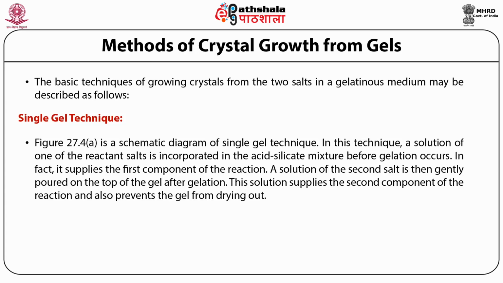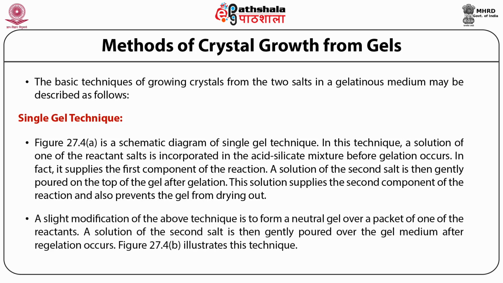In this technique, a solution of one of the reactant salts is incorporated in the acid silicate mixture before gelation occurs. In fact, it supplies the first component of the reaction. A solution of the second salt is then gently poured on the top of the gel after gelation. This solution supplies the second component of the reaction and also prevents the gel from drying out.